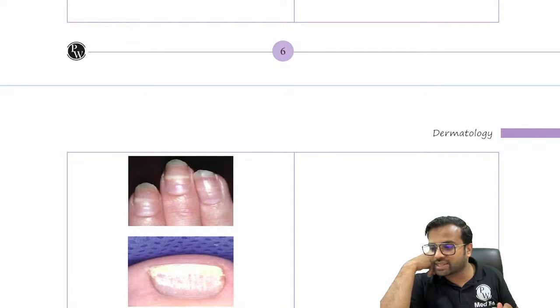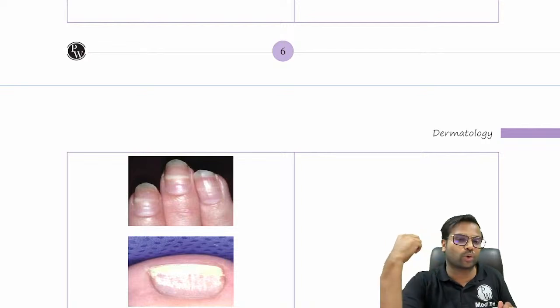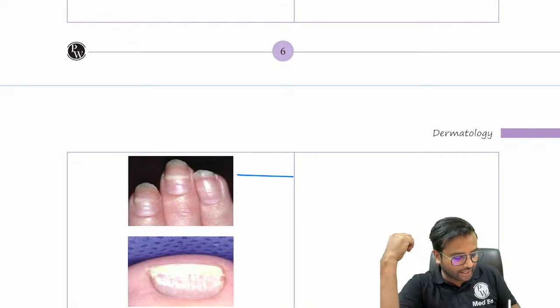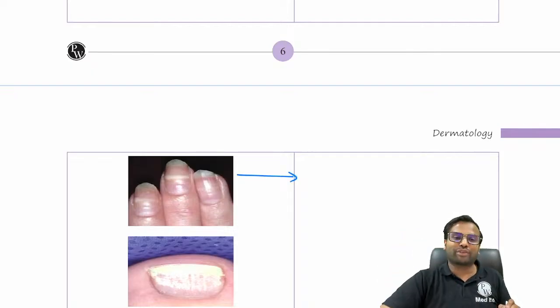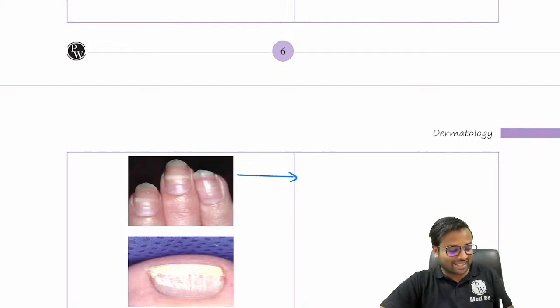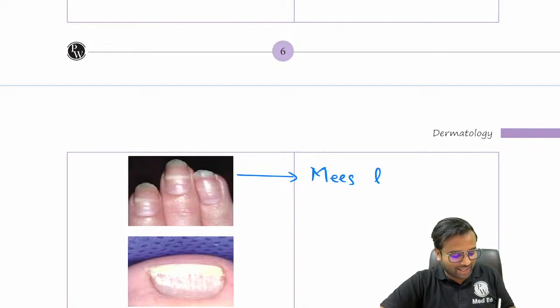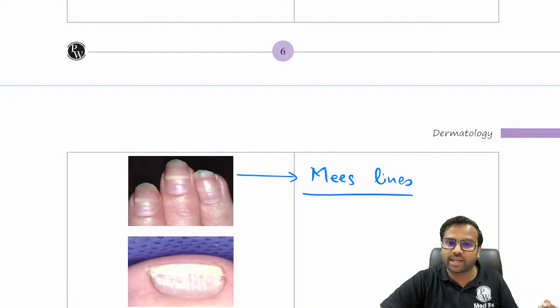Pooja says that this is true leukonychia. I completely agree with Pooja. No, this is not half and half nail. Something else. Yes, this is called Mees lines. So Mees lines is an example of a true leukonychia, and this can be seen in poisoning.